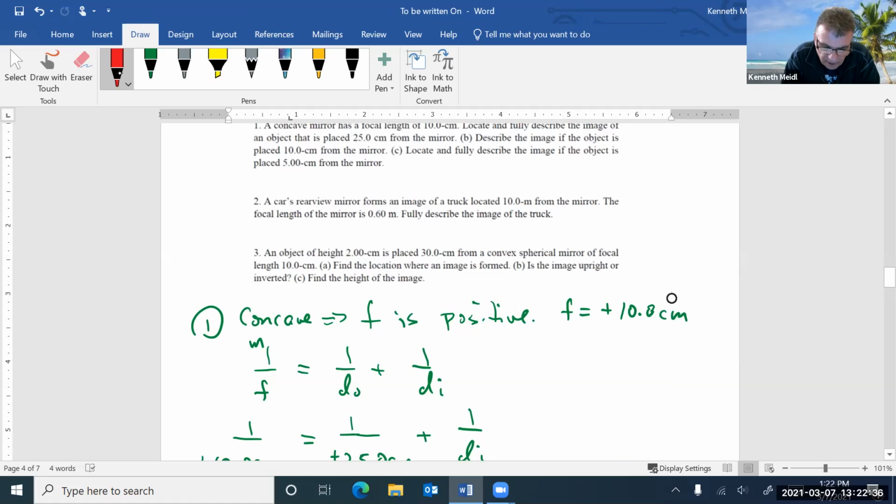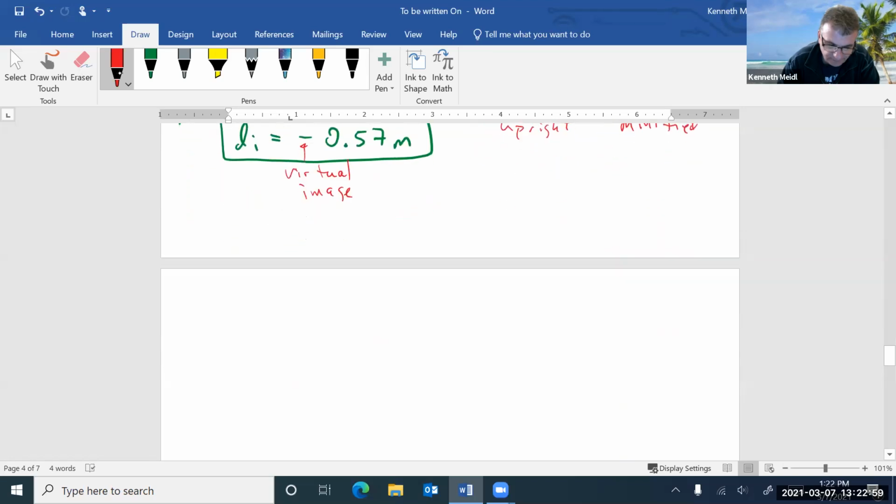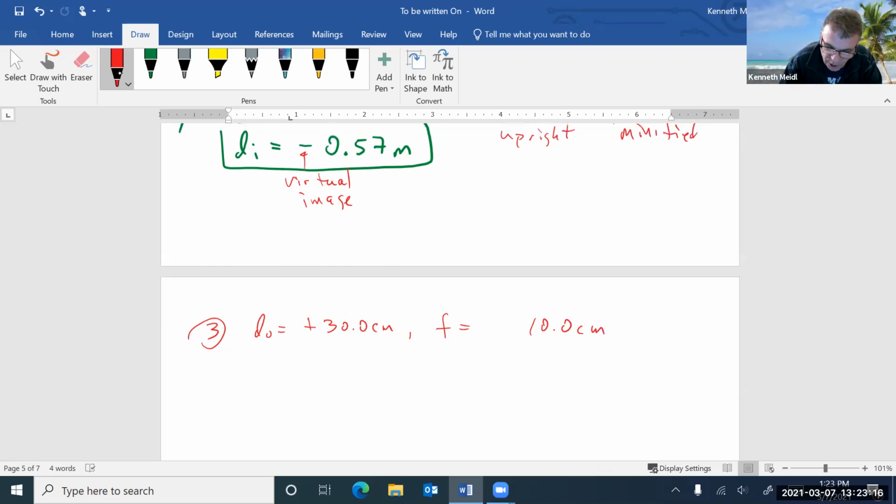An object of height 2 centimeters is placed 30 centimeters from a convex spherical mirror of focal length 10 centimeters. Okay. An object of height 2 is placed 30 centimeters and the focal length is 10. And the object had a certain height in this case.